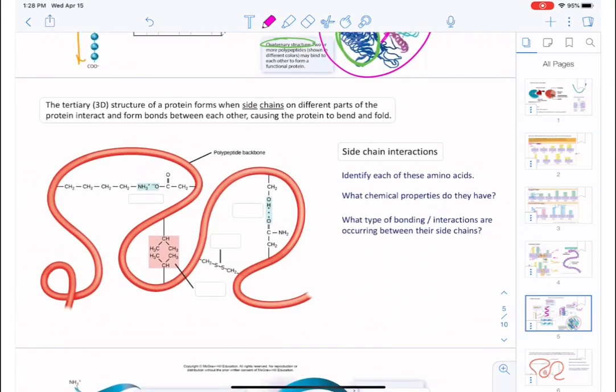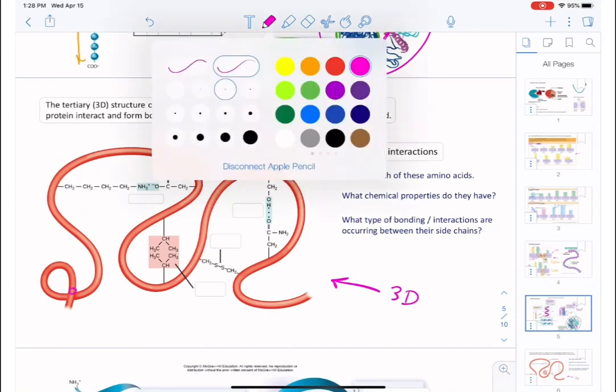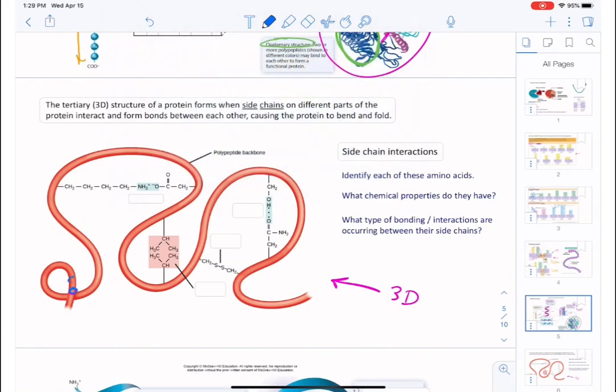Okay, so what we have here is a protein in its three-dimensional structure. And the way you can envision this is that you have all of these individual amino acids that are linked together by peptide bonds, by covalent bonds, and then there may be some alpha helices in there and some beta pleated sheets that are all going on right there that they're not specifically showing.